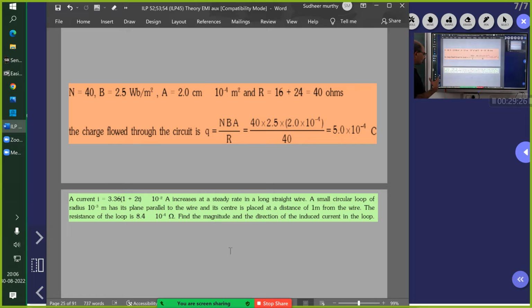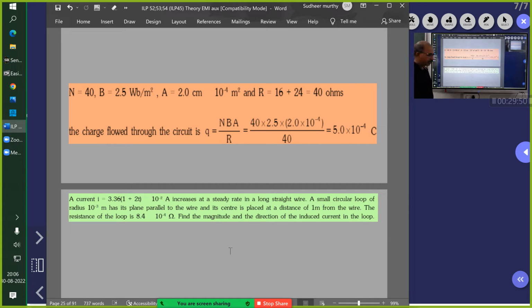A small circular loop of radius 10 has its plane parallel to the wire, and its center is placed at a distance of 1 meter from the wire. The resistance of the loop is 8.4 into 10 to the power minus 4 ohms. Find the magnitude and direction of the induced current.